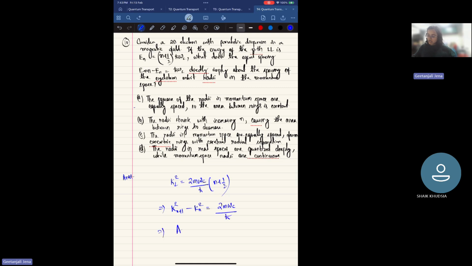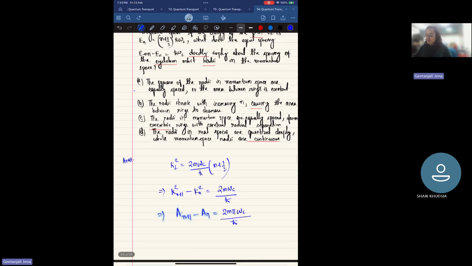And from this, you can easily find the difference in area. This is 2 m pi omega c by h-bar. So this means that the squares of the radii in momentum space are equally spaced because these are constant, and the area between the rings is also constant. Option A.